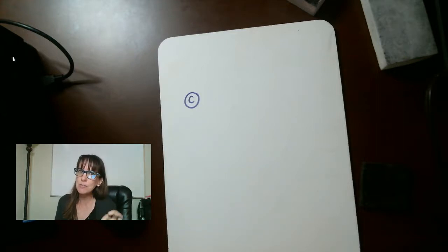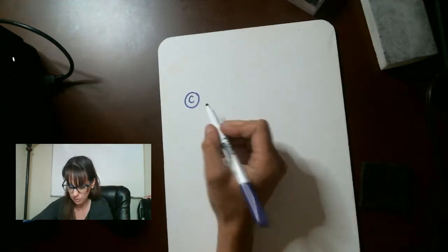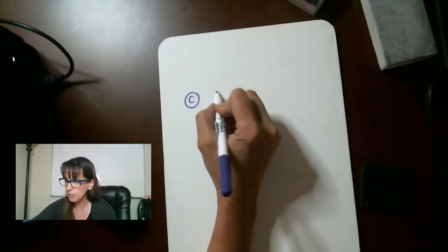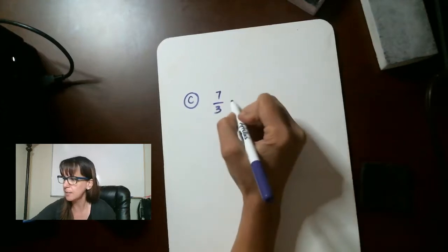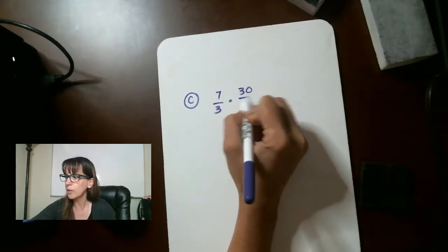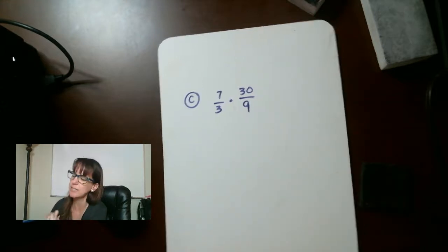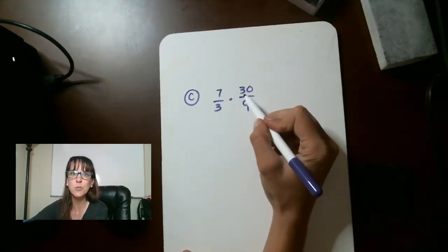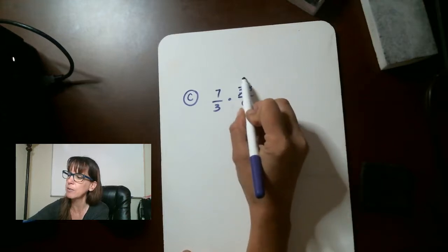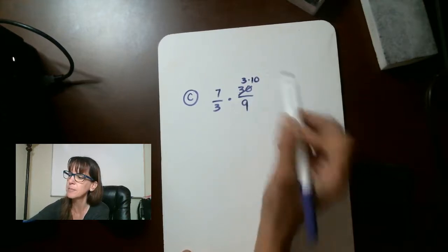You can save yourself some time by cross-canceling before you get to the solution. So looking at C here, we have 7 over 3 times 30 over 9. And the way we would cross-cancel this, 30 is really just 3 times 10. So I'm going to rewrite that: 3 times 10, okay?